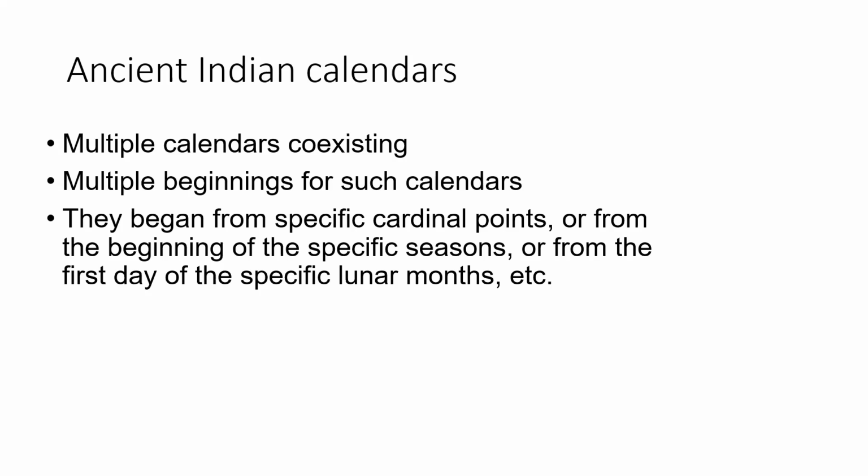Sometimes a specific calendar began with a specific cardinal point, either from the day of the vernal equinox, from the day of summer solstice, or from the day of autumnal equinox, or from the day of winter solstice.